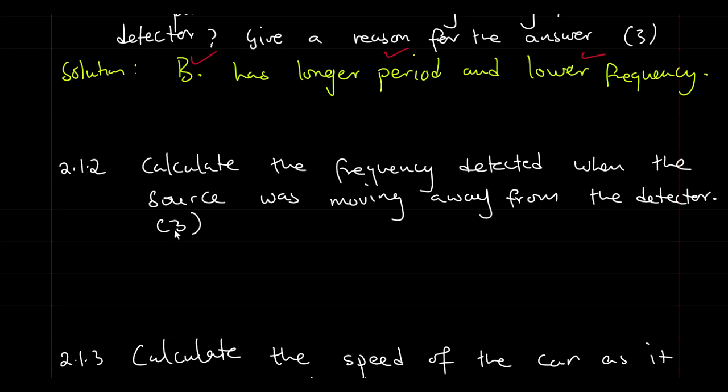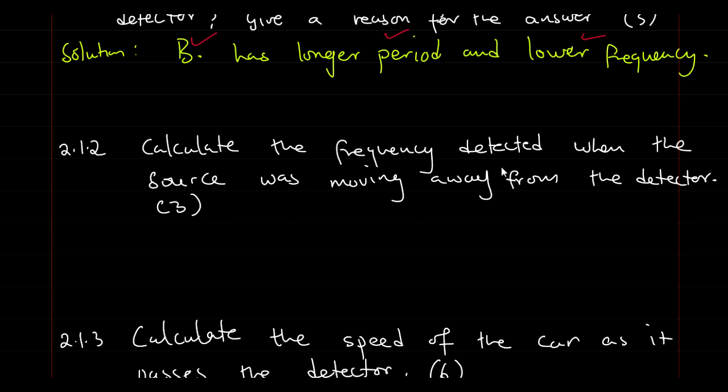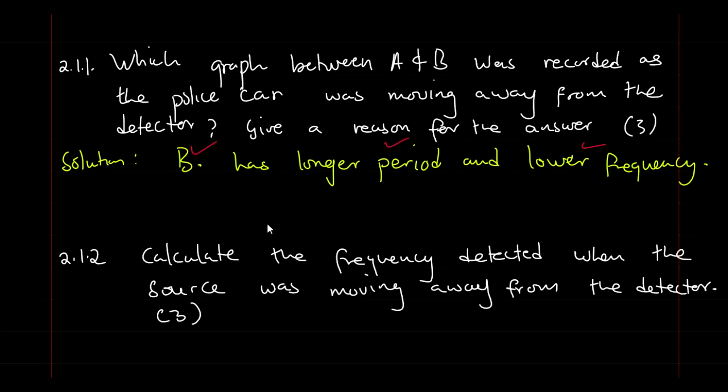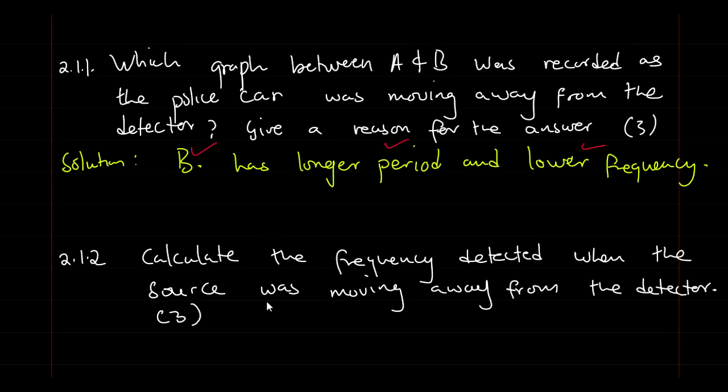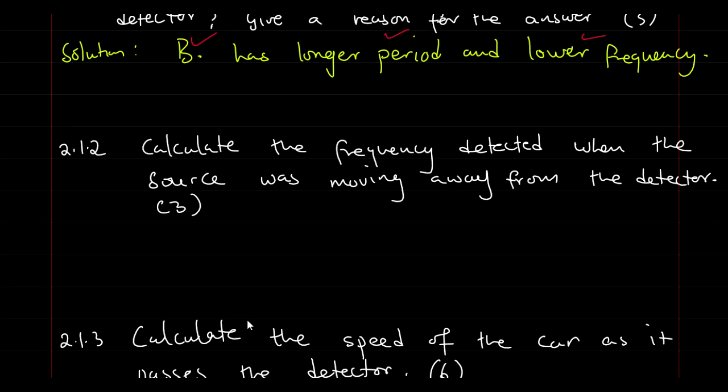So in 2.1.2, they say calculate the frequency detected when the source was moving away from the detector. So now we know that the graph recorded when the source was moving away is graph B. So now we can use the information from graph B to calculate the frequency detected when the source was moving away from the detector. So what are we going to do now?